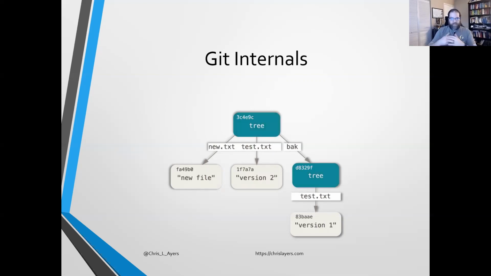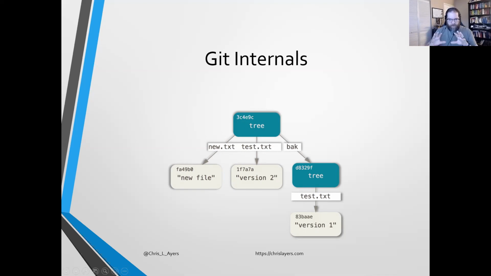If you take that a step further, each thing has its own hash, and these are shortened hashes. Git uses SHA-1 hashes, but these are shortened. So this tree is hashed, and this new file down here has its own hash, and in the tree, it will have that hash and the name, and we're going to see this in more depth.